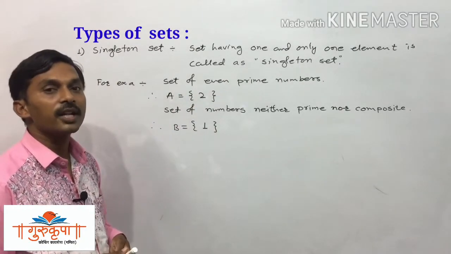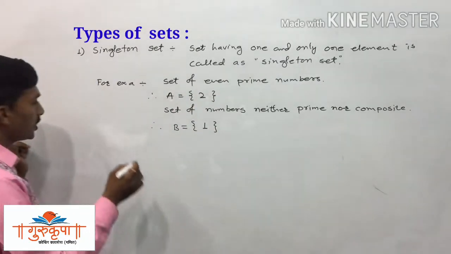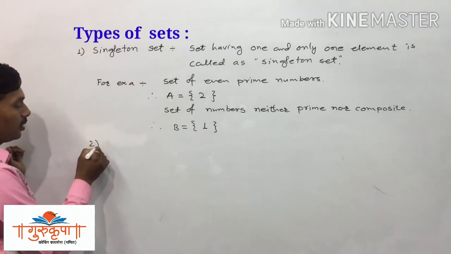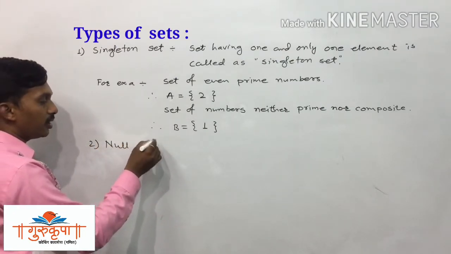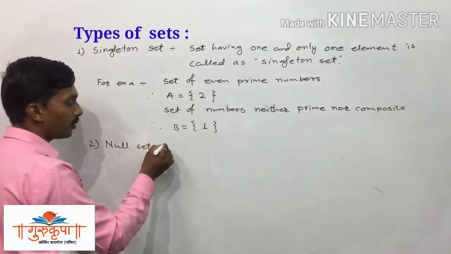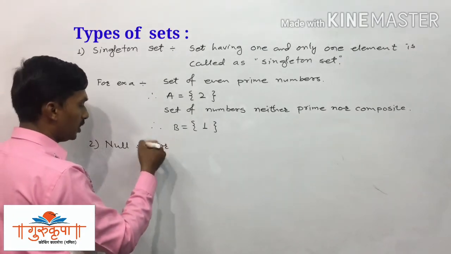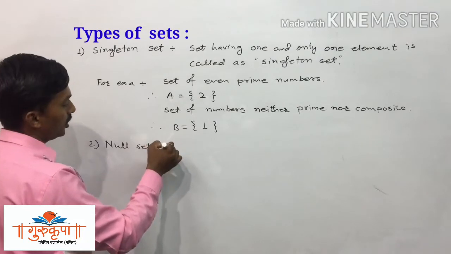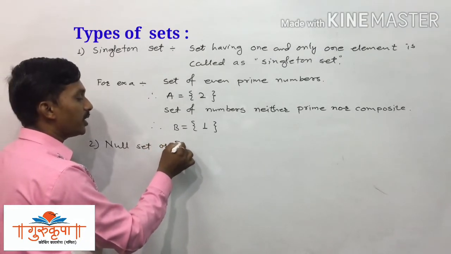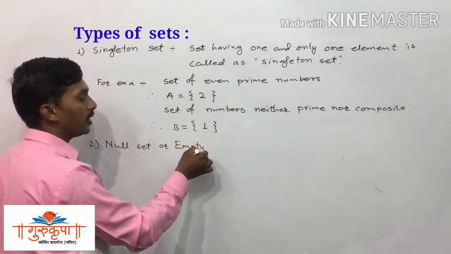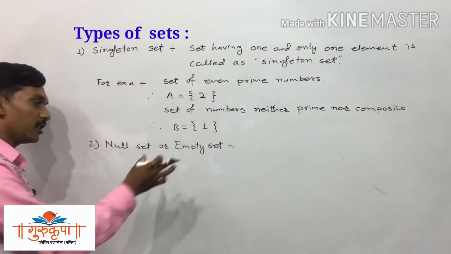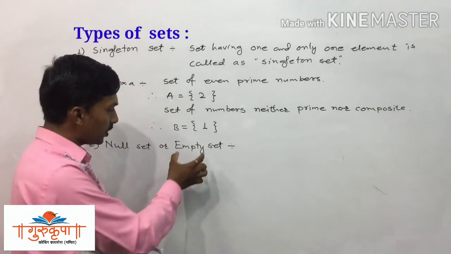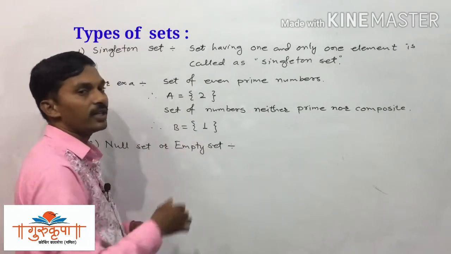Now we have the second type of set, that is the null set, or another name for the same type, the empty set. Here also we have the meaning in the name itself, that is empty.